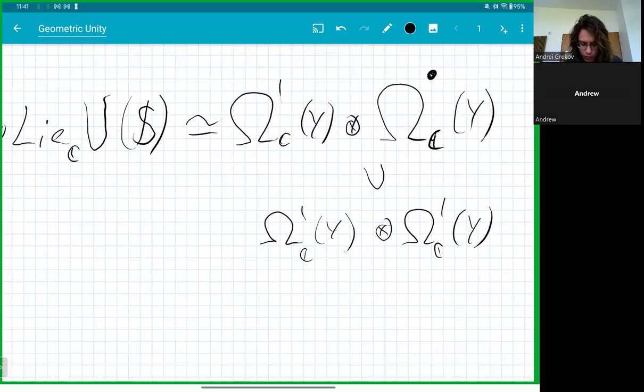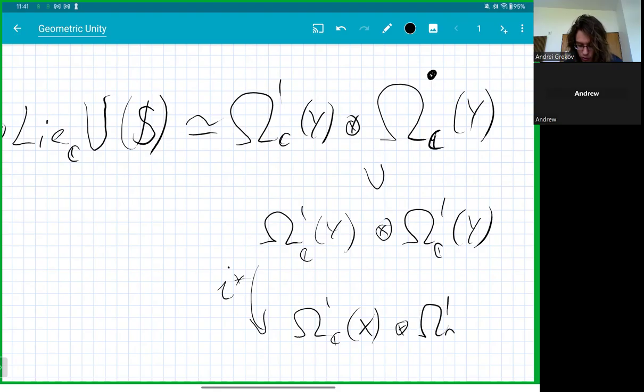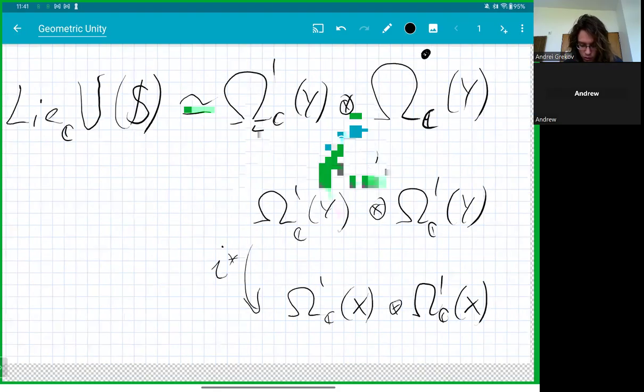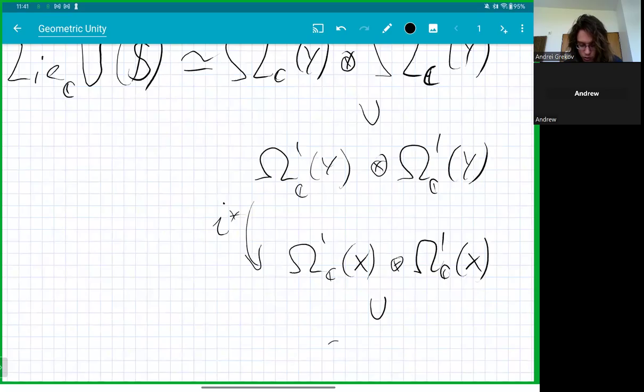And this gets reduced, after we use the pullback, to omega 1 of x tensor omega 1 of x, and here we have the symmetric part of it, so we should have some metric. Some metric would live there. That's probably the logic.